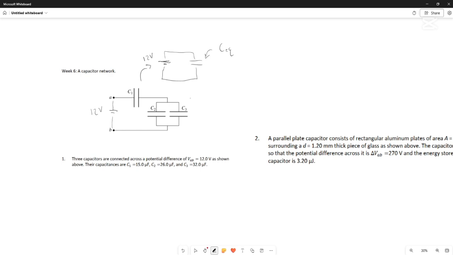So what you can do is take this capacitor network where 12 volts is applied, and first simplify one section of the circuit. That's what I'll do here. We leave this as C1, and now take these two capacitors in parallel and get an equivalent capacitance and an equivalent circuit.